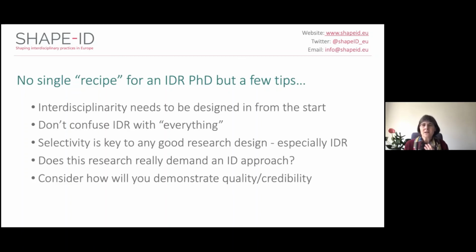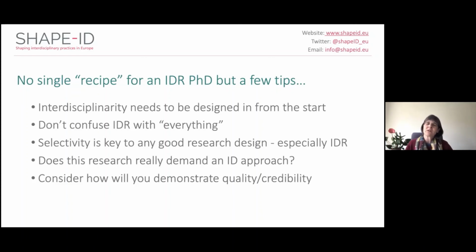The other thing that you really do need to consider is how you demonstrate quality and credibility if you're doing something that crosses different disciplinary traditions and norms. If you just think about the difference between the typical natural science PhD thesis and one that comes from the humanities, say, where a humanities scholar will essentially write a book, a monograph, there will be a story, a beginning, a middle and an end to their thesis.